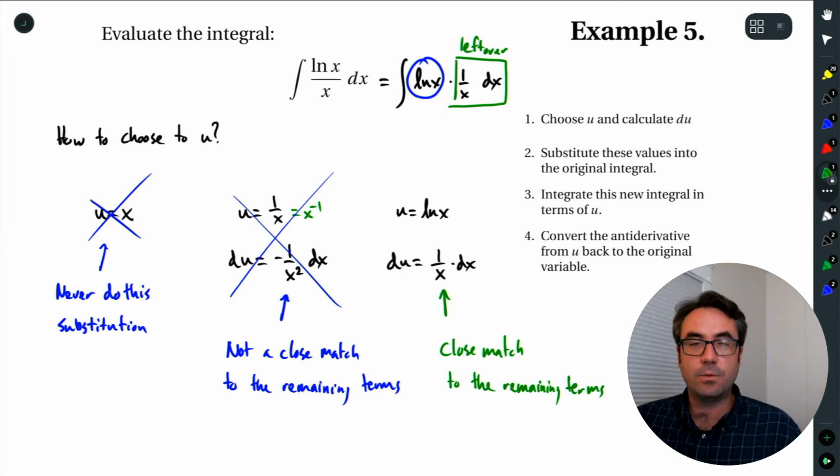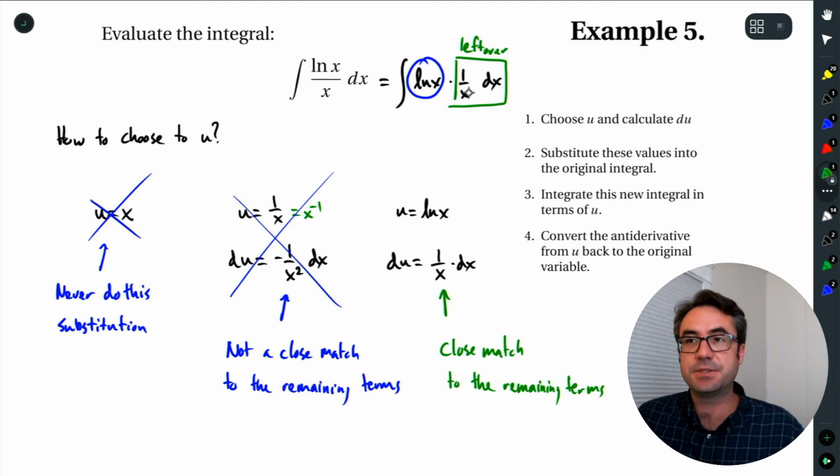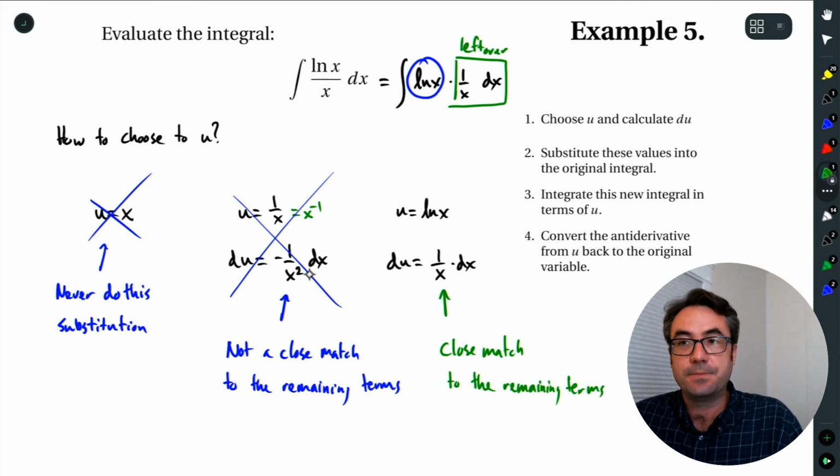So once you pick u, if you're not sure, just list out the different pieces of your function and go through and calculate du. And if, when you calculate du, you can see some similarities between your leftover terms and what you calculated for du, you're most likely on the right track. And that's what we're seeing with this u equal to natural log x.